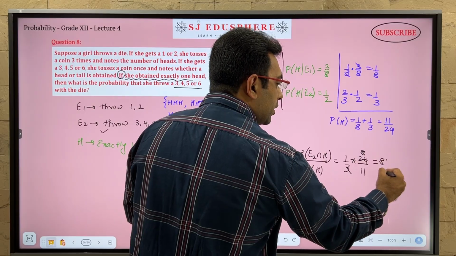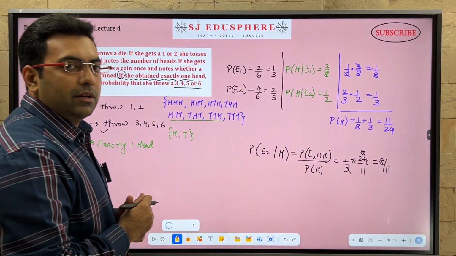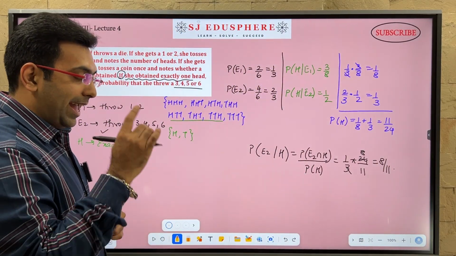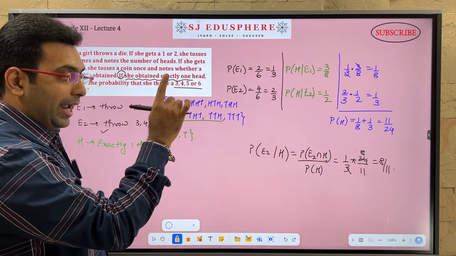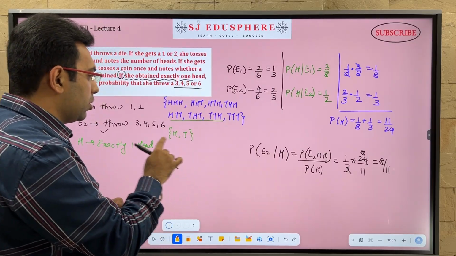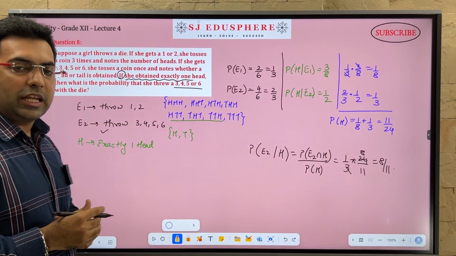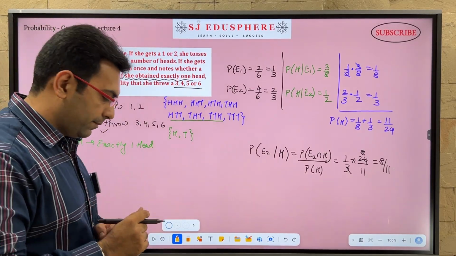My answer over here is 8 by 11. So exactly 1 head occurs in 11 times of the cases, and 8 times of the cases is because of the second part of throwing 3, 4, 5, and 6.